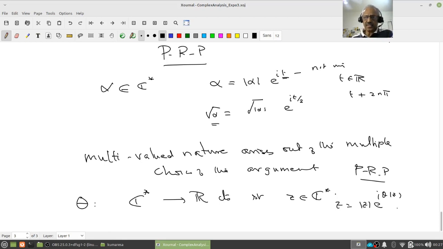Suppose there is such a choice available. Then I can simply define this to be square root of mod alpha into e power i theta of alpha by 2. That's it, because I have a unique choice.